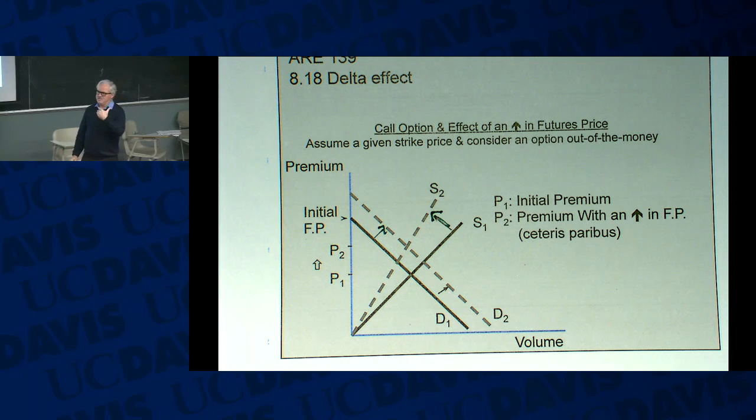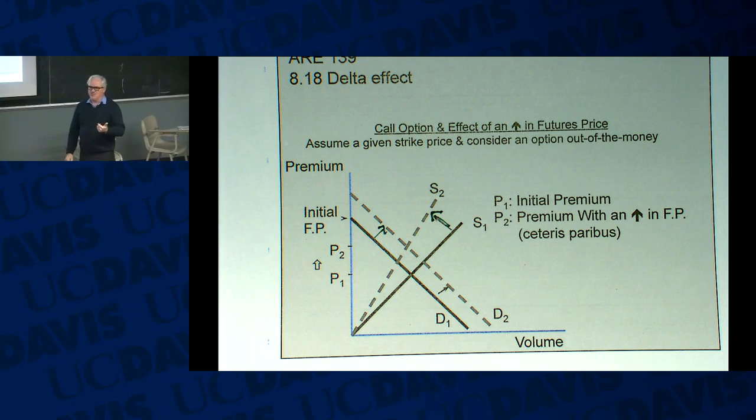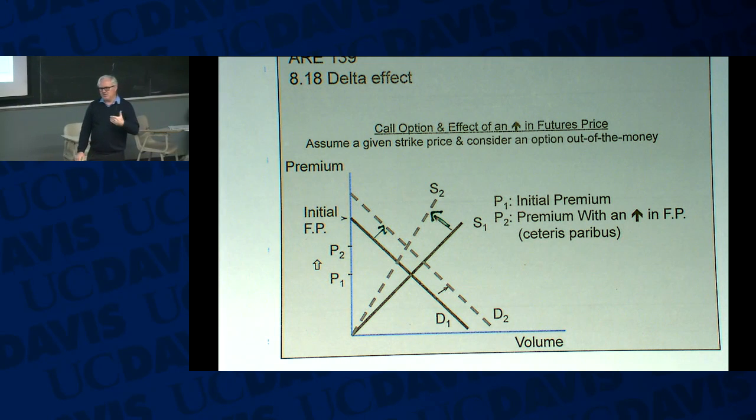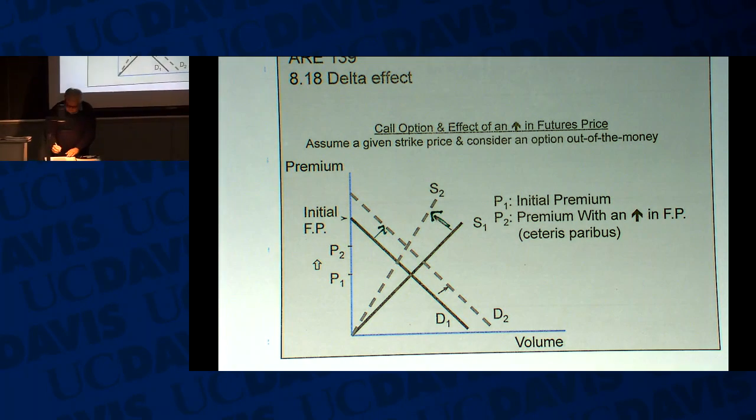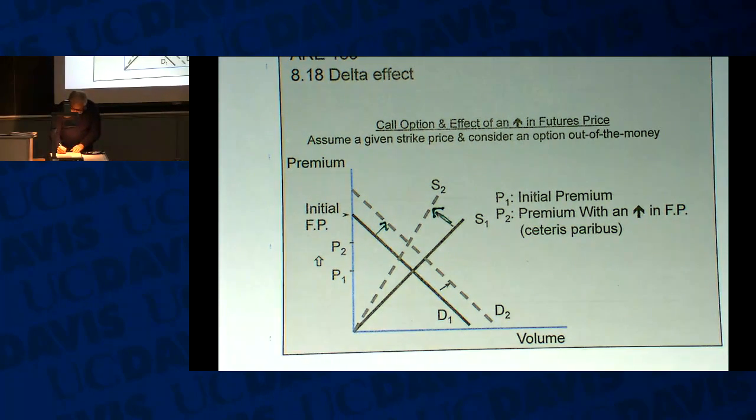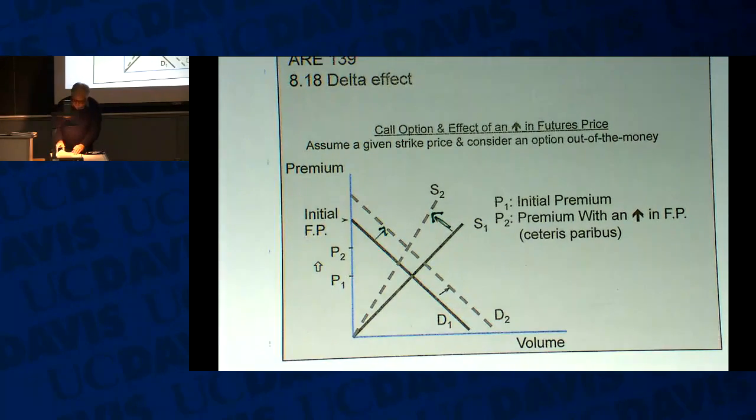If the futures price increases from 45 to 47, and you're selling the right to go long at 50, well, you're going to charge a higher price because it's getting closer to being at the money, and you don't want to lose money as a seller. As a result of an increase in the futures price, the premium is going to go from this equilibrium to this equilibrium. So the premium is going to rise when the futures price rises.